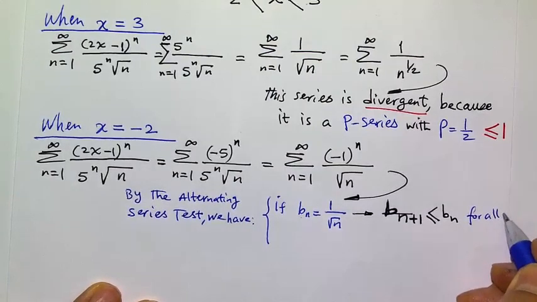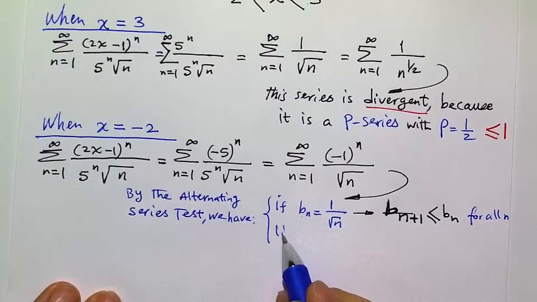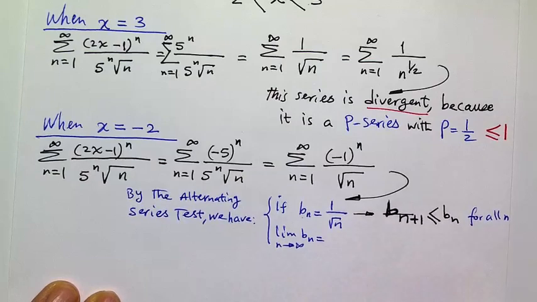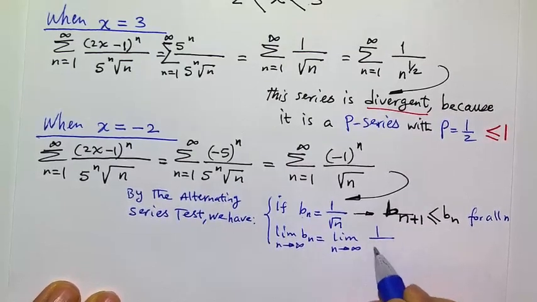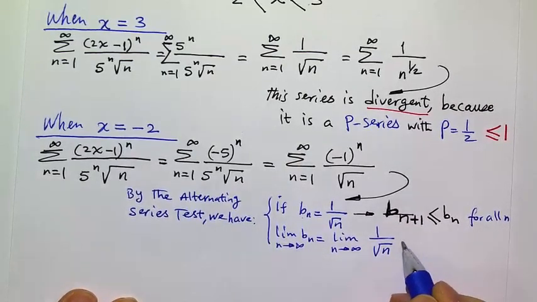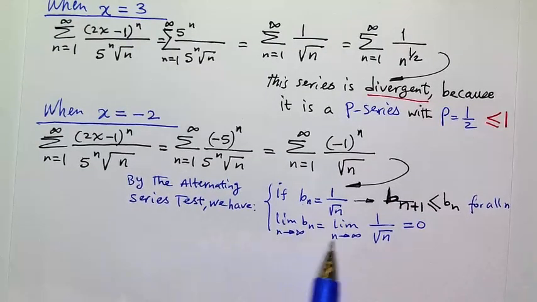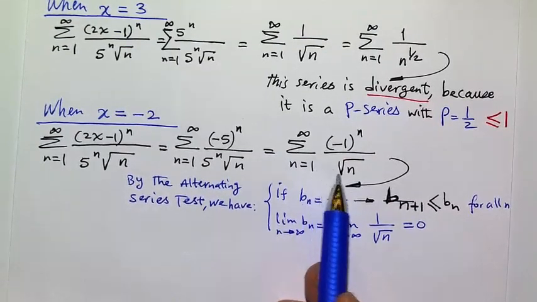And then the limit of Bn as n goes to infinity is the limit as n goes to infinity of 1 over square root of n, which is of course equal to 0. So this series converges.